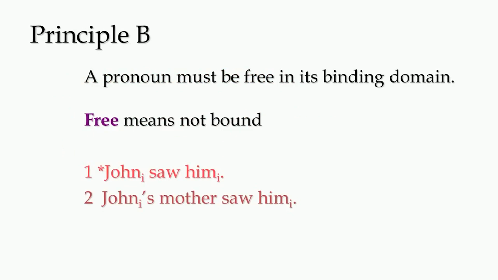That is, if the pronoun is finding a co-indexed antecedent within the same local domain, then the sentence is going to be ungrammatical. And if the pronoun is not within the same domain, if they are not co-indexed, then that's all right. Therefore, we can state the constraint of principle B in a simple sentence: pronouns must be free in the same domain.